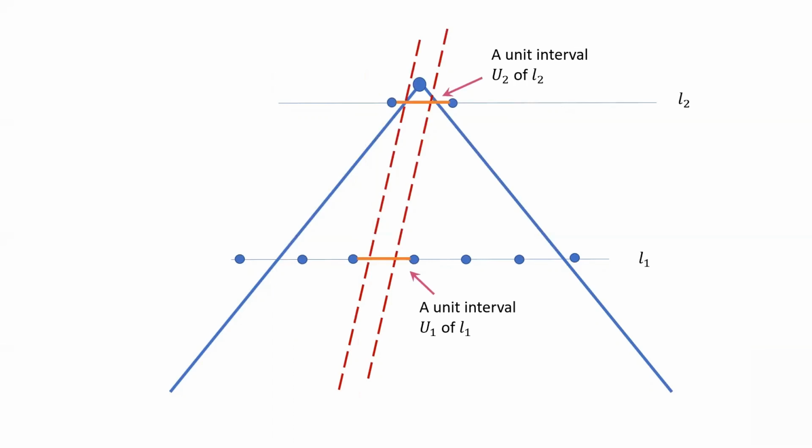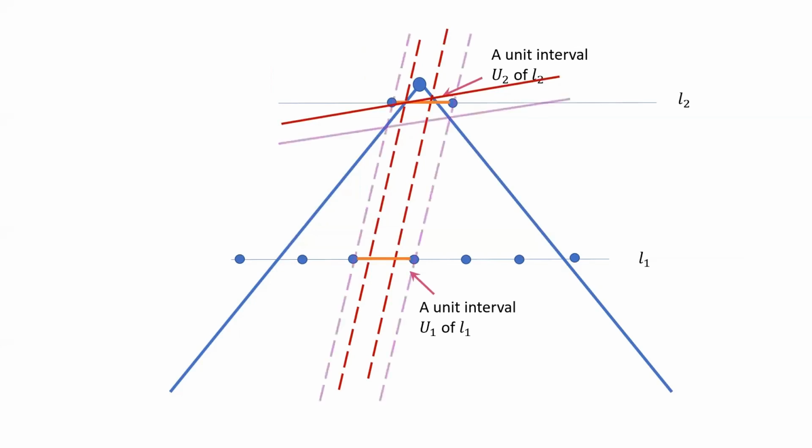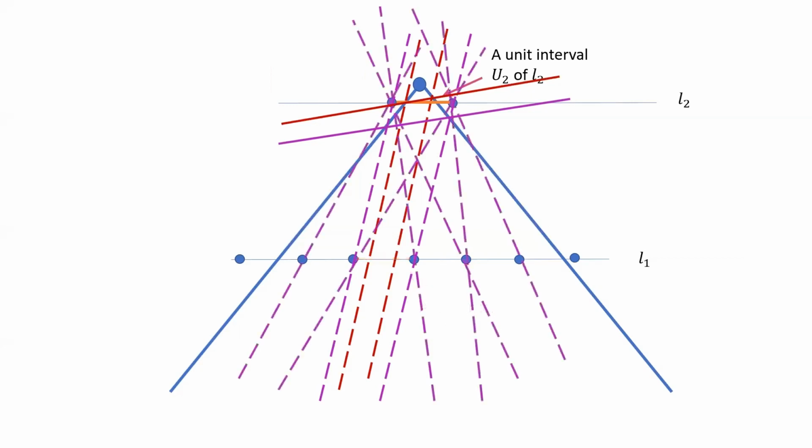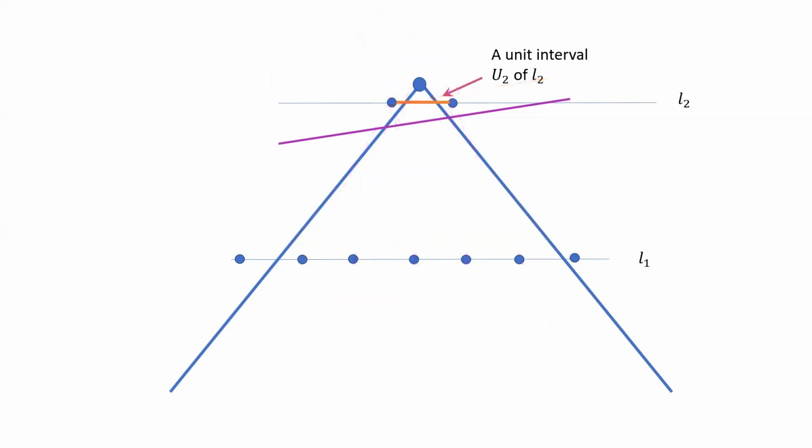It can be shown that the split cut derived by this red split set will be dominated by the split cut derived by this purple split set, which contains U1 and U2. Therefore, we actually only need to consider those split sets containing U2 and a union interval of the facet. To finish the last step of the proof, we take the first union interval of the facet from left and from right. We call them U3 and U4.